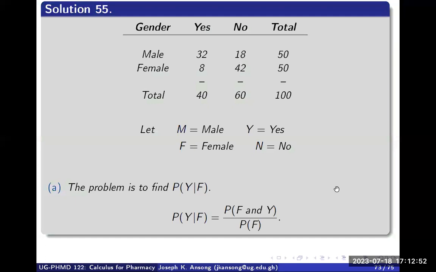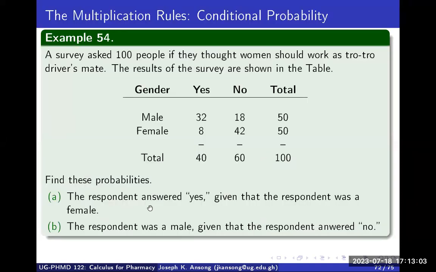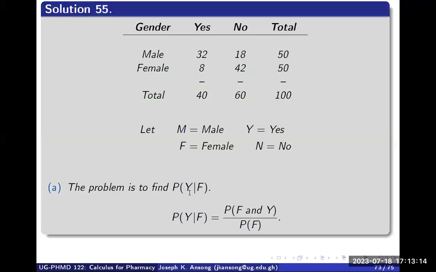Let males be M, females be F, those who said yes be Y, and those who said no be N. The first question asks for Y given F. By the formula for conditional probability, this is the probability of F and Y, the females who said yes, divided by the probability of the females.